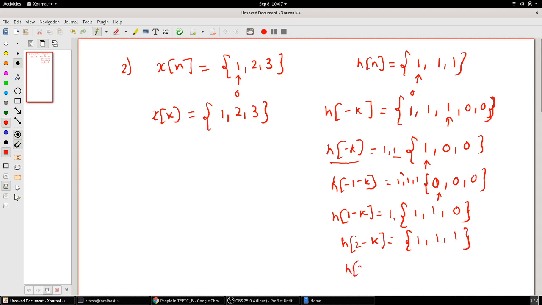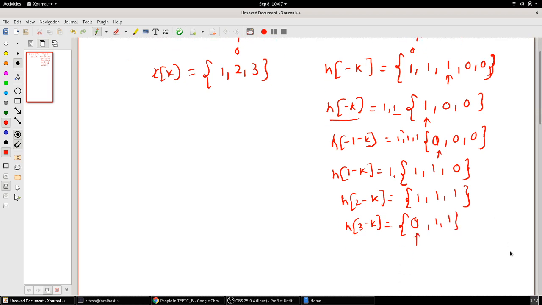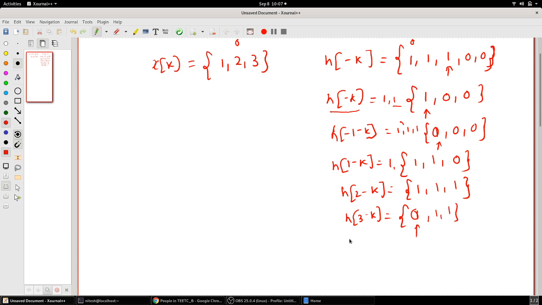H of 3 minus k is 0, 1, 1, and then h of 4 minus k, which is 0, 0, 1, and h of 5 minus k will be all zeros.